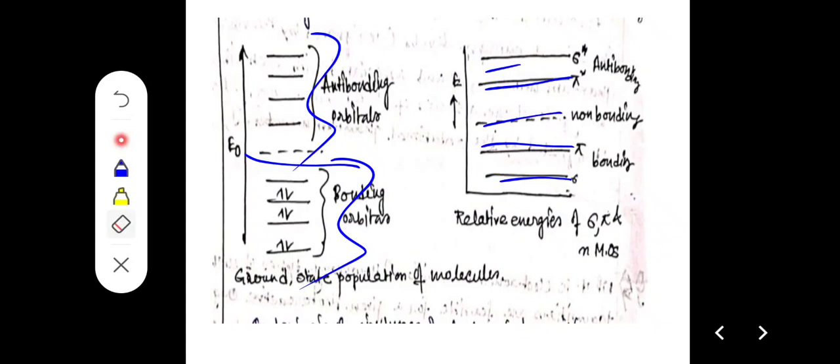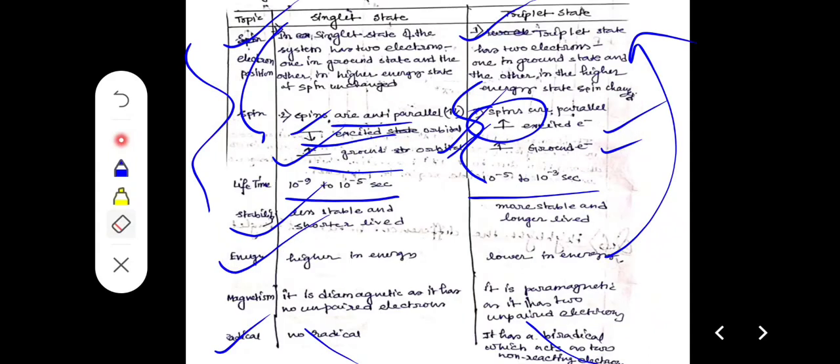Low energy MOs are termed bonding MOs and higher energy MOs are termed anti-bonding MOs. And in the middle there are non-bonding MOs. Due to their electron filling we can establish bond order, bond length, bond strength and all of the properties.